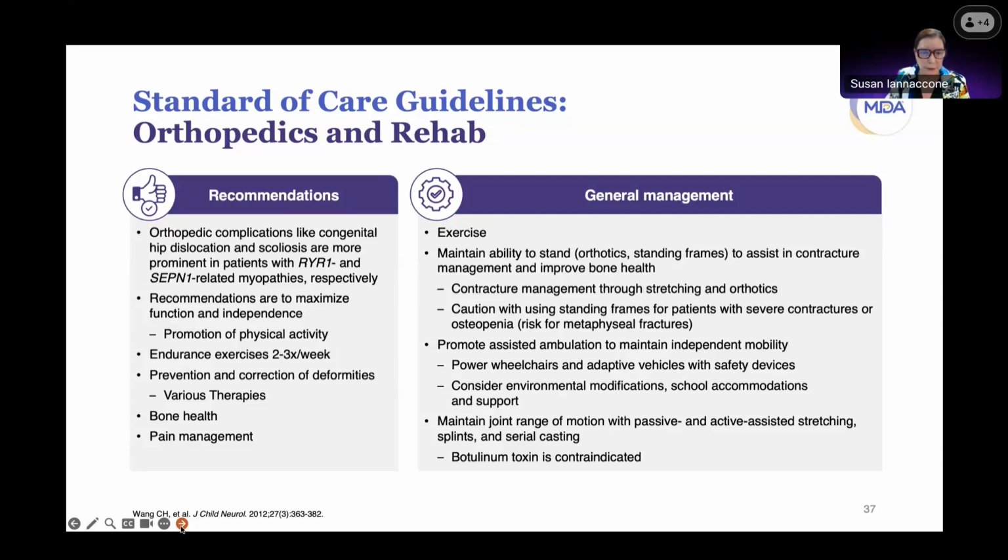We look carefully at bone health. We pay attention to the incidence of fractures and pain management. In this group of diseases, the pain is usually mechanical, meaning it's secondary to poor ergonomics or faulty seating arrangements.